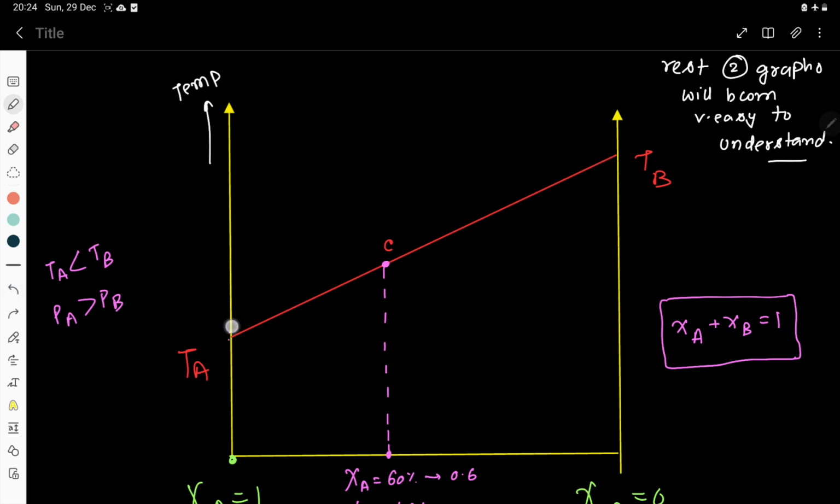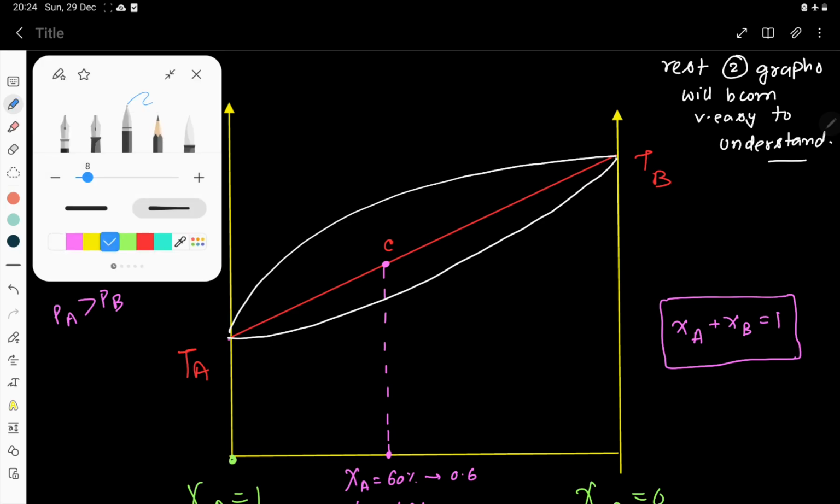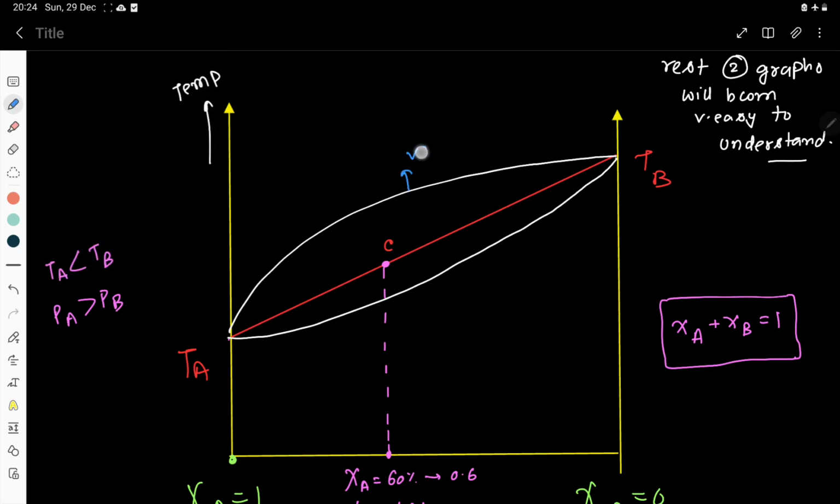This is the upward curve and this is the downward curve. This upward curve basically represents the vapor phase and this downward curve basically represents the liquid phase.